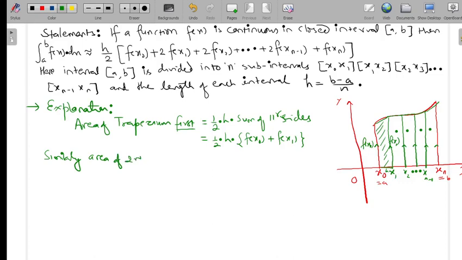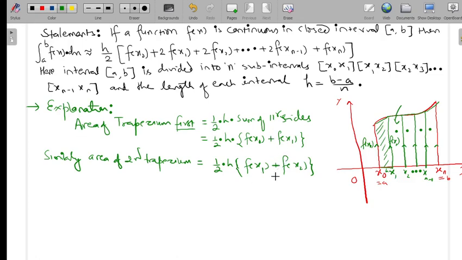Similarly, the area of the second trapezium is 1 by 2 h times f of x1 plus f of x2. The two parallel sides are f of x1 and f of x2, and this is the height. That's why the area will be this.